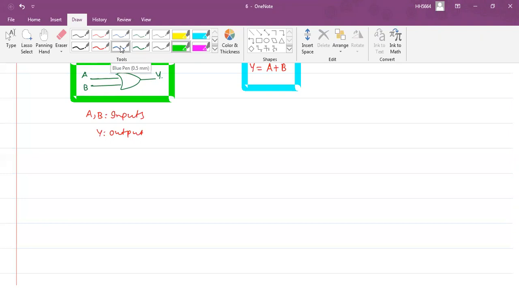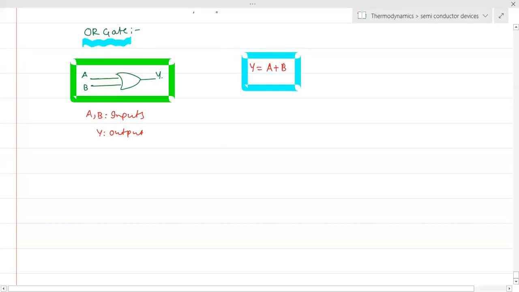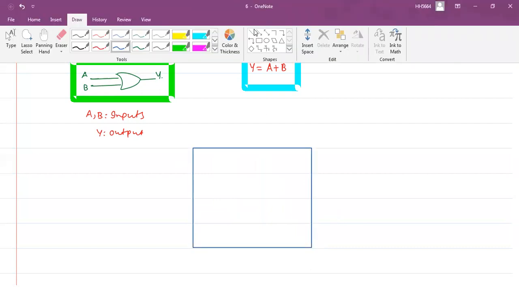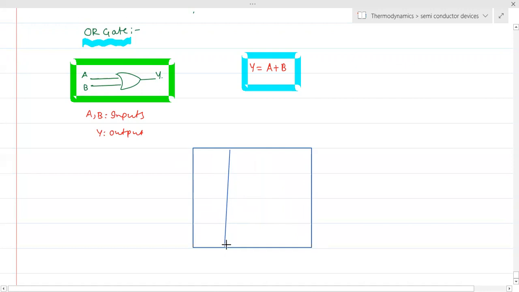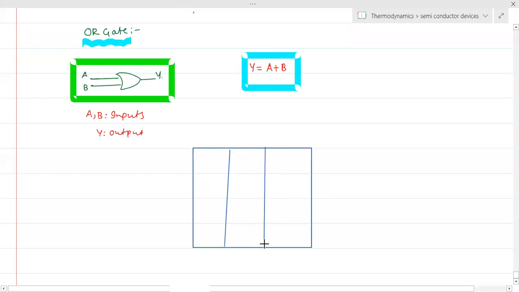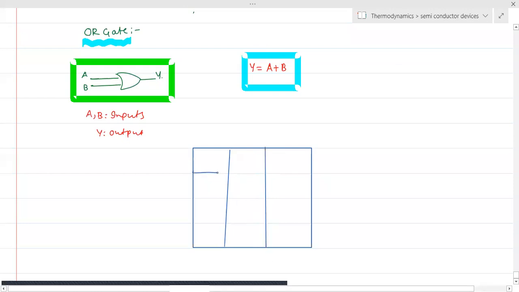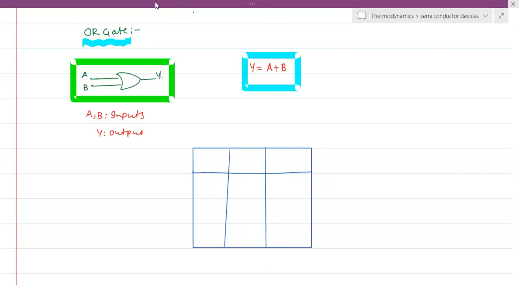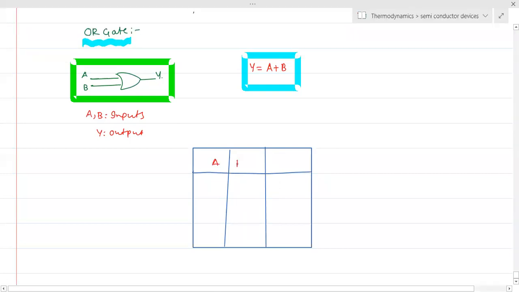Now we will take the truth table of this OR gate. For the truth table, I need to construct a table. So this is A, B, and Y. Suppose if I take 0 and 0 as the input, Y means 0 plus 0, that is equivalent to 0.